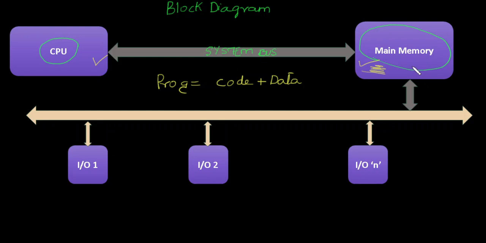So this is the block diagram of a computer, and everyone has to remember it forever because whenever we write a program as a programmer, we need to have a clear understanding of what data we are creating, where the data gets created, how the data gets stored in the main memory, and how the CPU will access it.